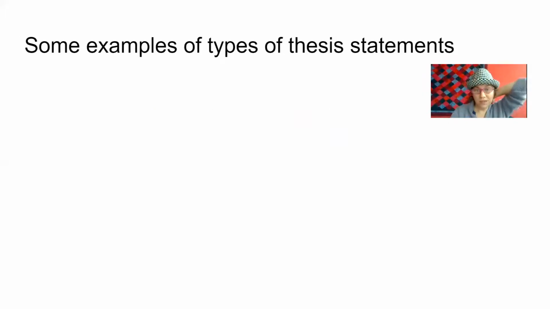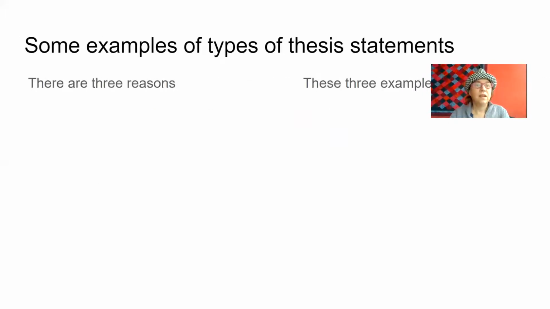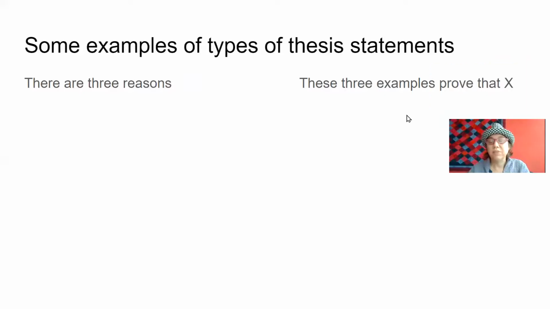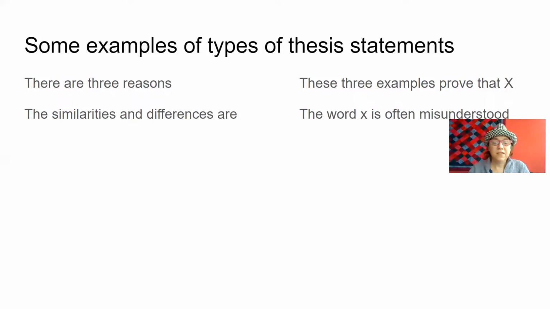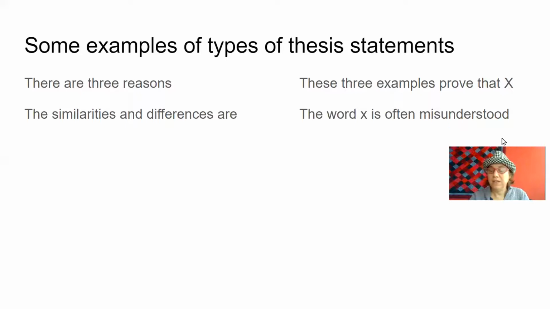Some examples of types of thesis statements. There are three reasons: that's a cause and effect. These three examples prove that: that is exemplification. The similarities and differences of blah, blah, blah are: that's compare and contrast.